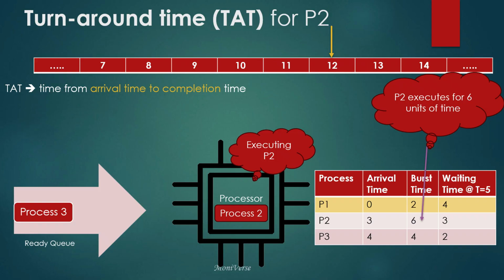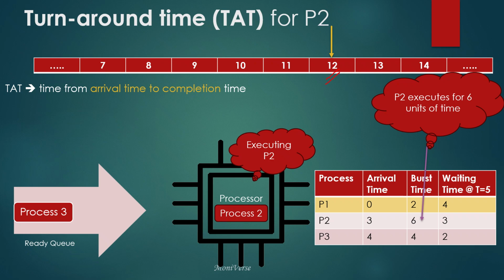Now we can calculate the turnaround time for process P2. As we have seen, the completion time of process P2 is 12, right? What is the turnaround time? The turnaround time is the time gap between the arrival time and the completion time.